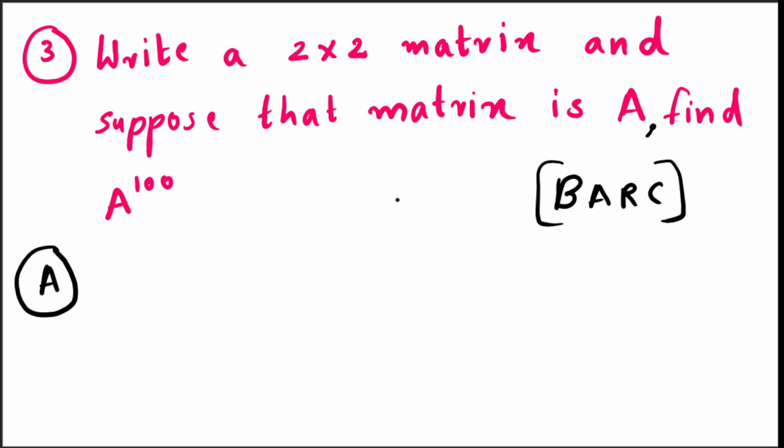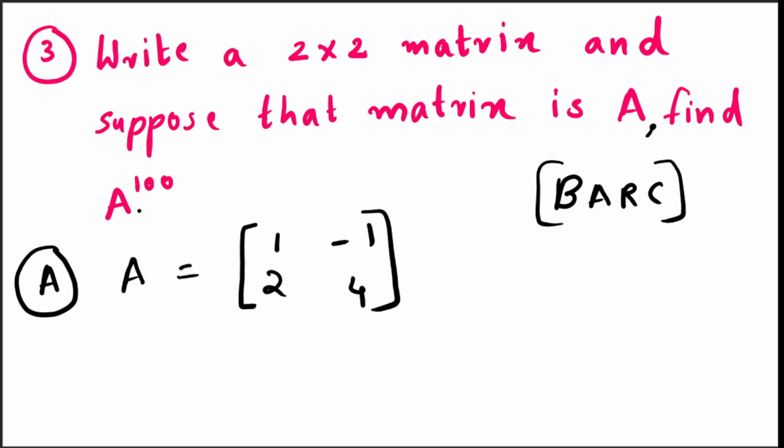We have to write a 2 by 2 matrix, which is A. Any matrix. Suppose it is like this: 1, minus 1, 2, 4. Suppose this is the matrix that we are considering, and we have to find A raised to 100. So how to do it?